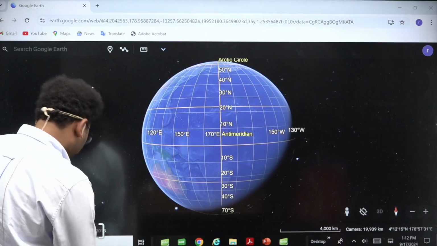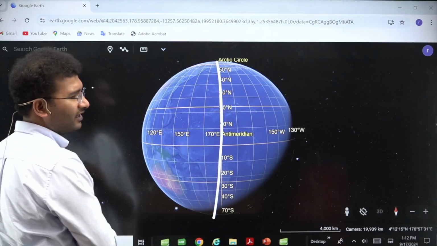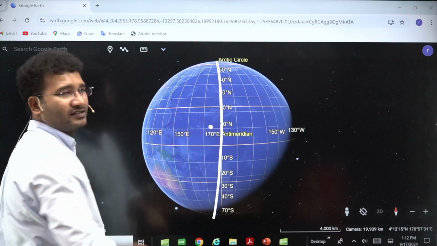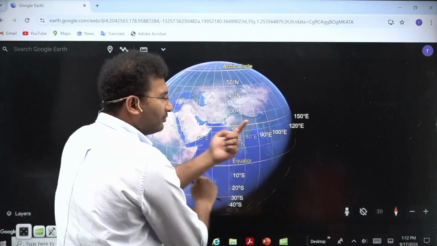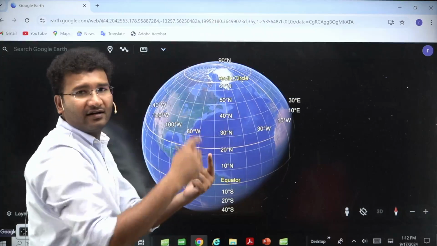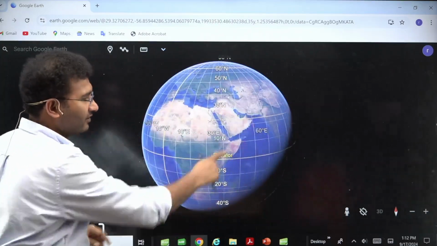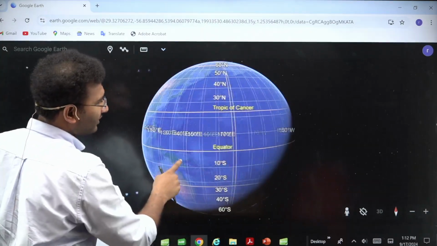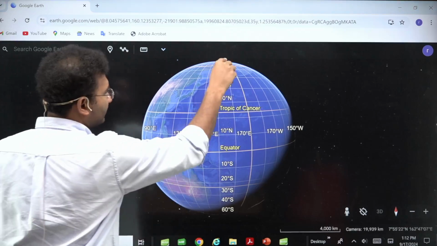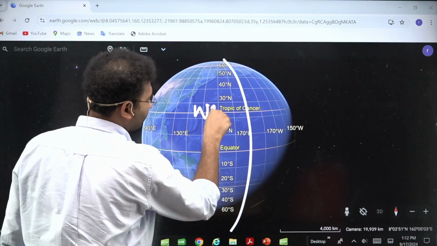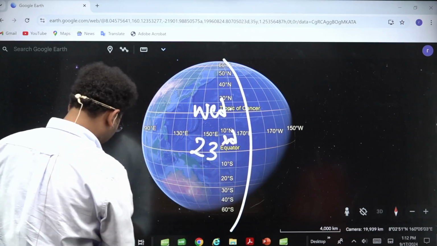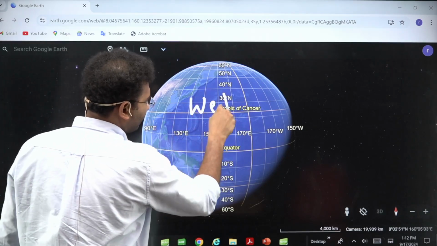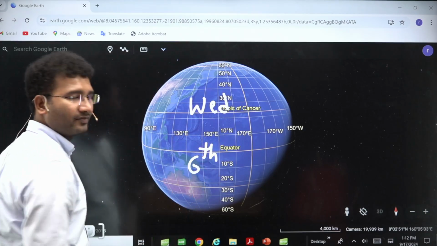Okay. Let me put it in another way. This is the international dateline. That means this is the place where the day starts and the earth slowly rotates. So all the places which are facing the sun are going to see the next day. So let's come back to the international dateline, and I'll tell you that this is Wednesday and this is 6th date, right?